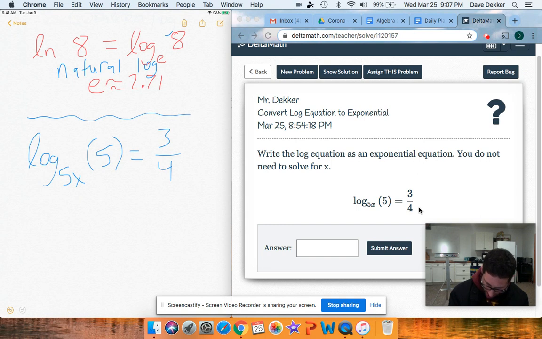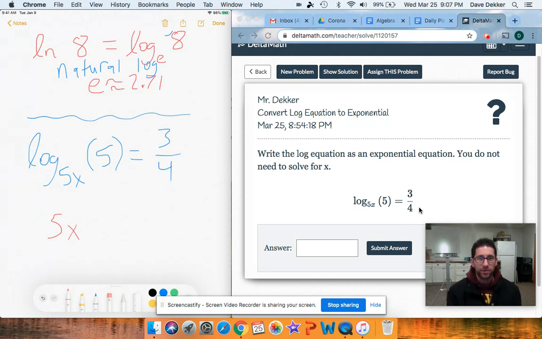So I would have, let me get my pen back up here, 5x is the base. I'm going to raise it to the idea that's way far away. So I'm going to raise it to the 3/4 power. Okay, and it's going to equal the thing that was in parentheses there that we're taking the log of, so it's going to equal 5. So that is basically what they're asking you to enter in here.